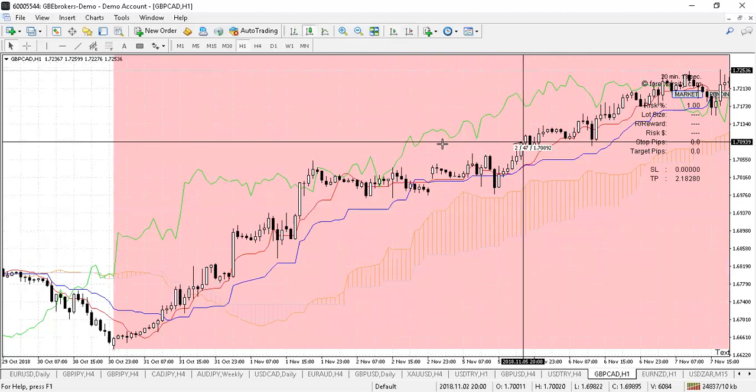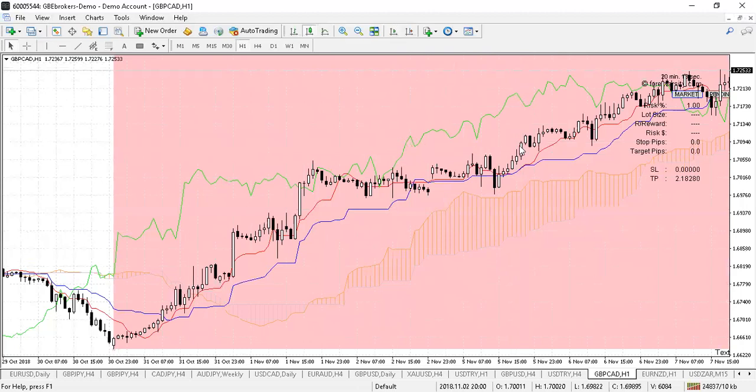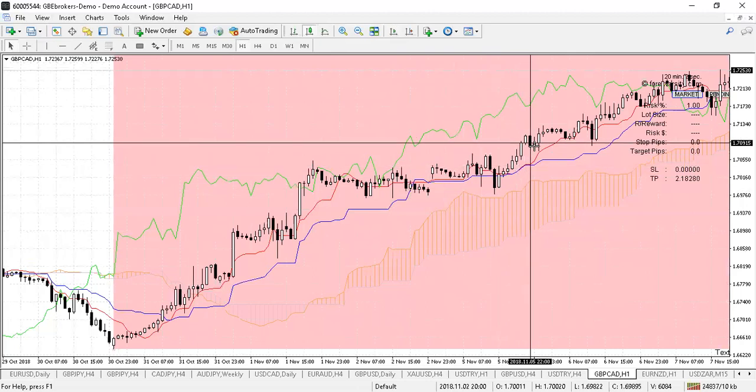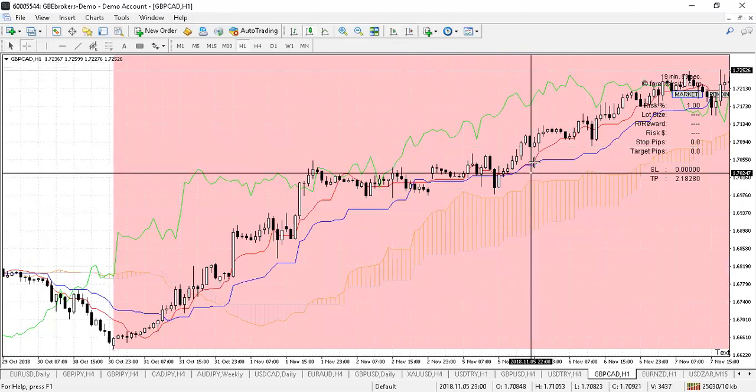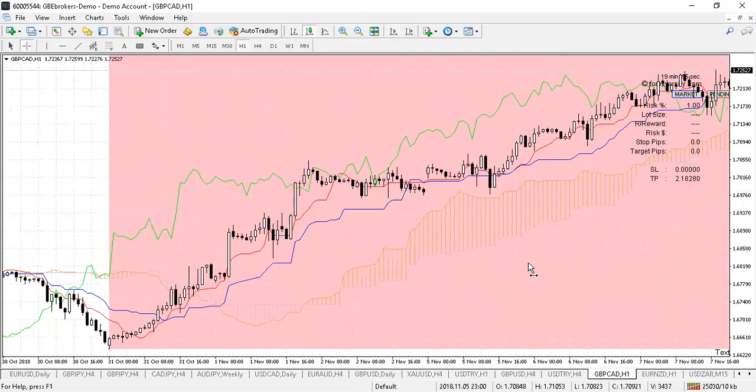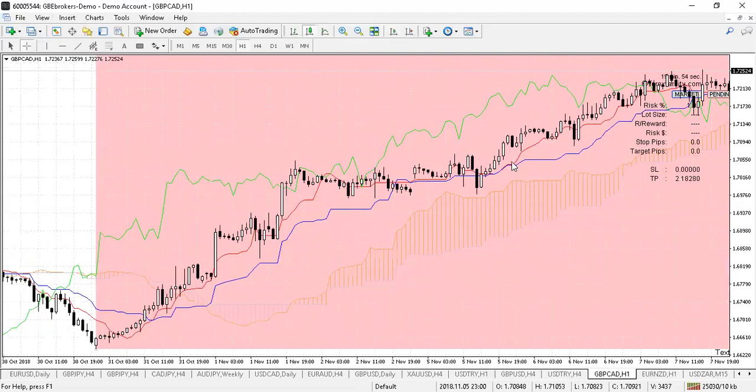You've got the green line, which is now 26 candles lagging, so you wouldn't have seen all this green line at that point, but this green line is clearly above the price there. And then just to be sure, maybe you want to wait for an extra candlestick or two to confirm that you've got that crossover as well. And then you could have entered that trade.